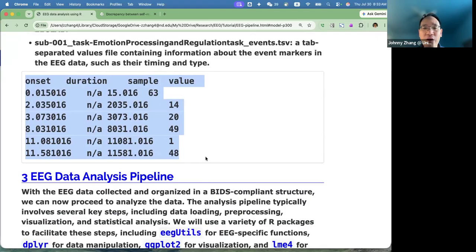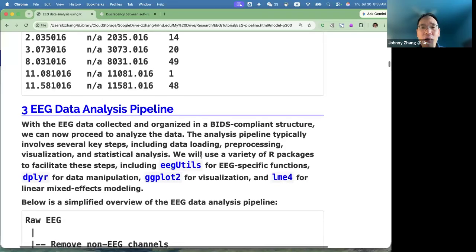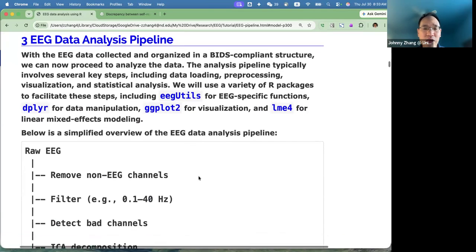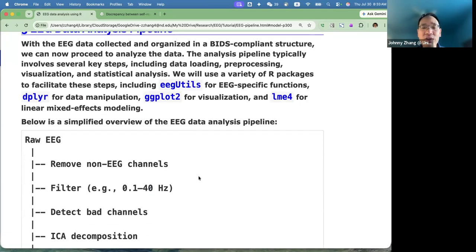So now we understand how the data are collected and how the data are stored, and then we can see how we can analyze the data. To do EEG data analysis, oftentimes we need to do a lot of pre-processing. Pre-processing means we reorganize our data, we remove the bad information, and we clean up the data, and then we can use the resulting data for future data analysis.